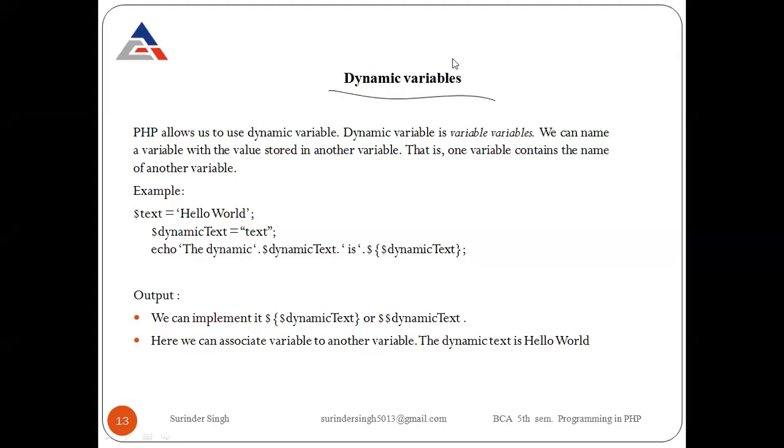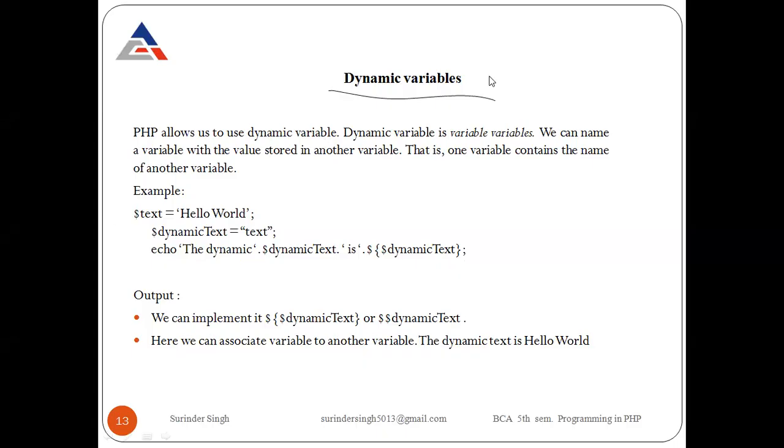Now what are dynamic variables? What is the concept of dynamic variables? Dynamic variable is like the concept of pointer you learned in C. Clear? By using a pointer, you can indirectly access the value of another variable.